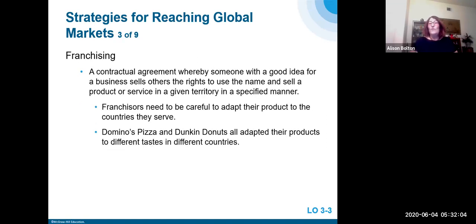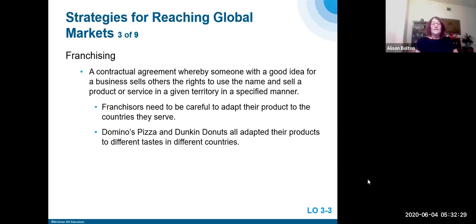Franchising. Well, we know that term really well. We see it with Domino's Pizza, Dunkin' Donuts, McDonald's. When we have an ownership of an initial franchise, that's part of building another relationship. McDonald's is huge with franchising outside the United States.